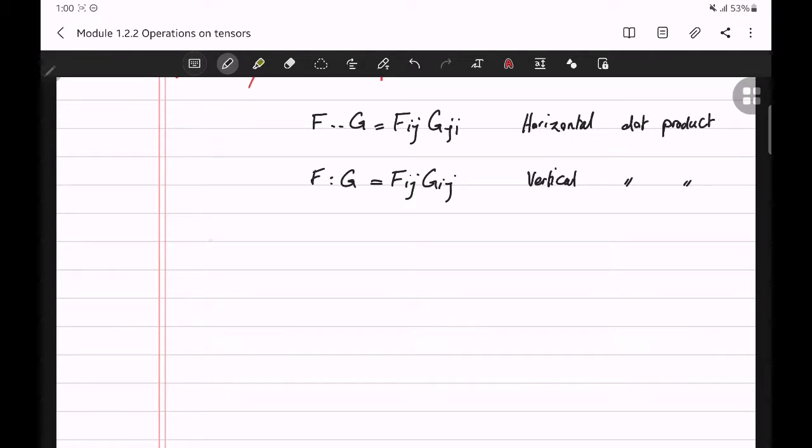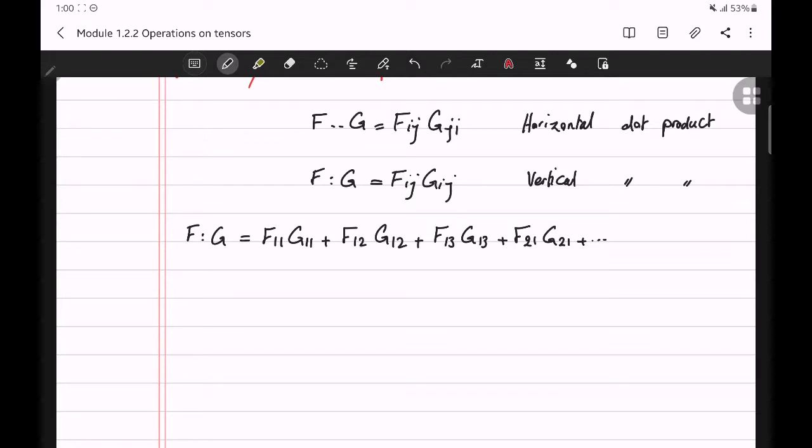So do not write it like F double dot G is equal to F11 G11 plus F12 G12 plus F13 G13 plus F21 G21 plus the rest of the terms here.